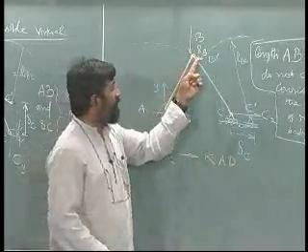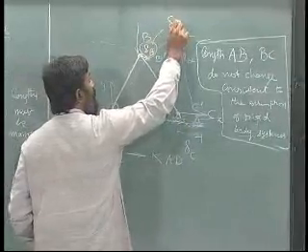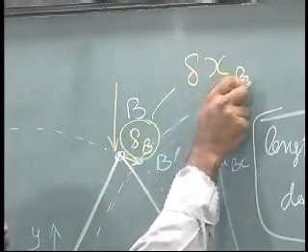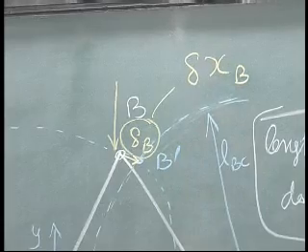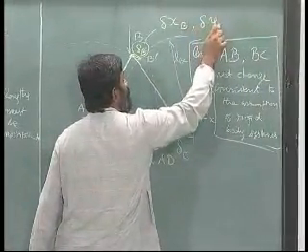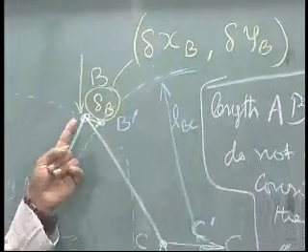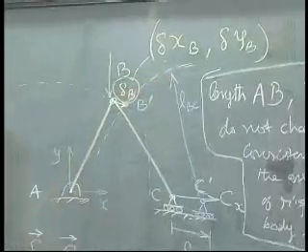Okay. Basically, this sometimes is written as delta change in the position of B, okay, delta XB and delta YB. Okay. The coordinates of this can be written like this. All right.